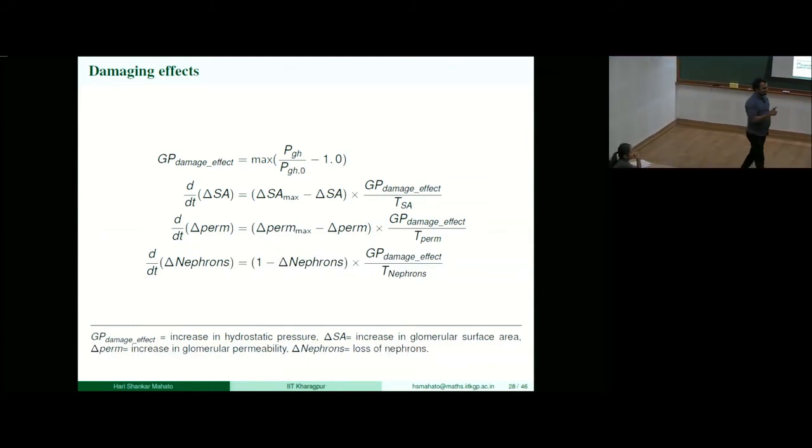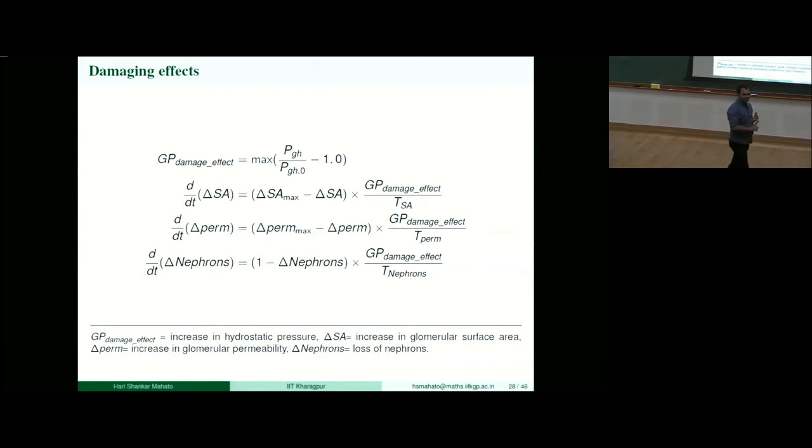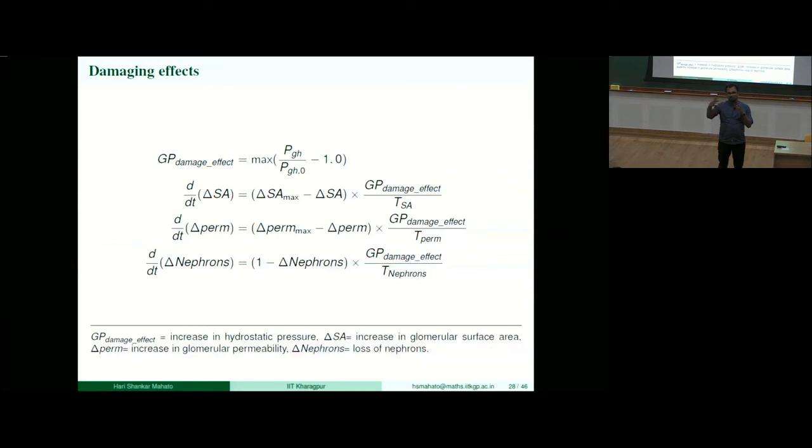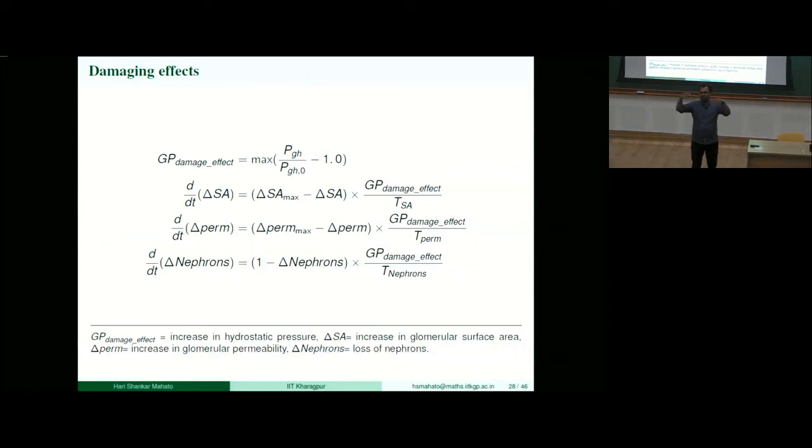That means if someone has diabetes, they will have high blood pressure. And the very first stage of this high blood pressure is that the kidney will start to grow. But again, these are all elastic structures, so they cannot grow forever. After growing by 30% or 40%, your kidney will saturate.